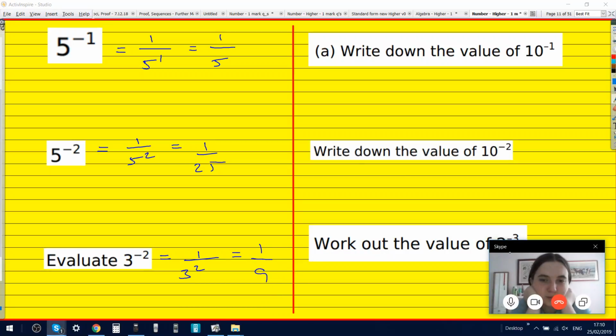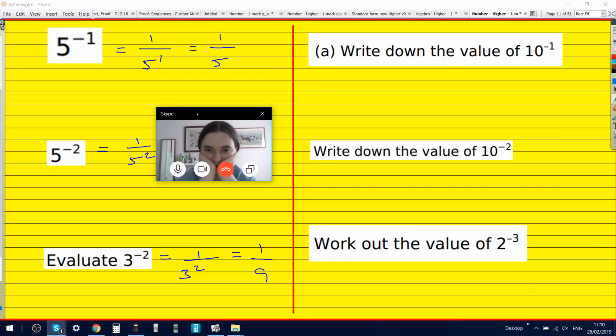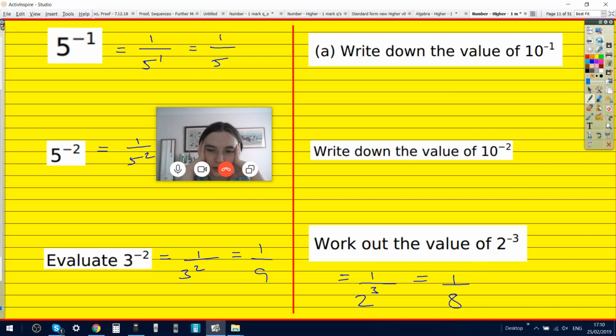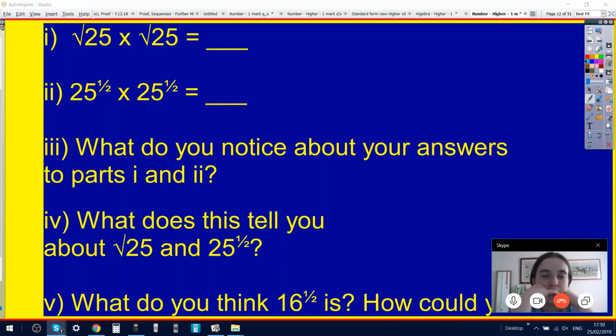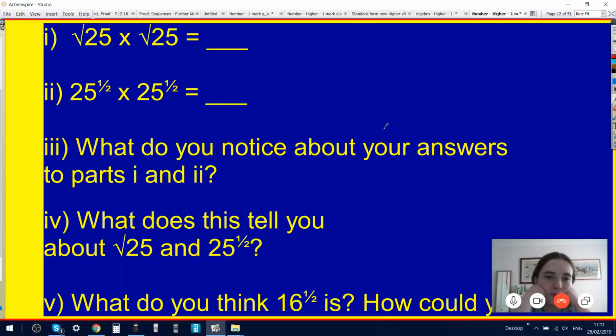Let's say bottom right. 1 over 2 cubed is 1 over 8. Yes. Okay. How about top one? Part I. 25.